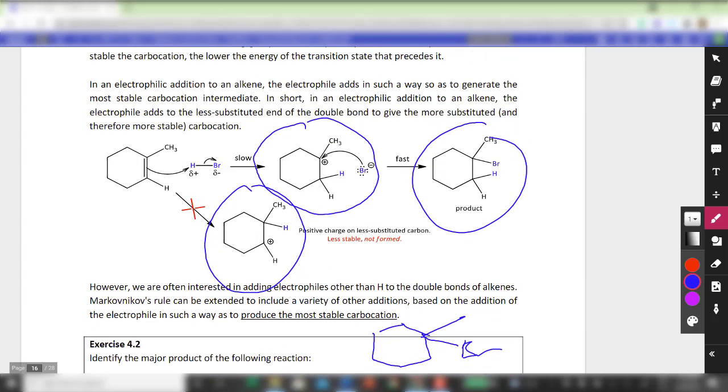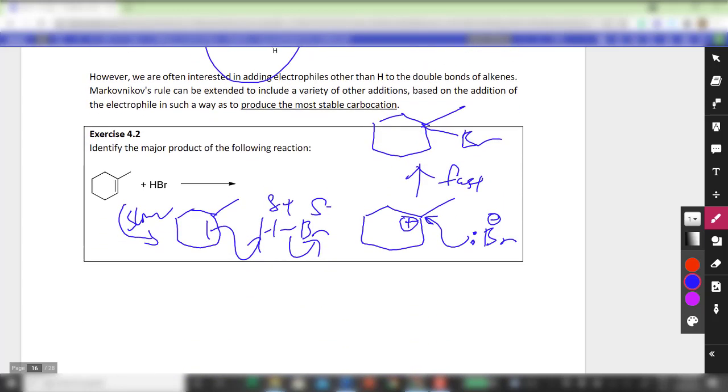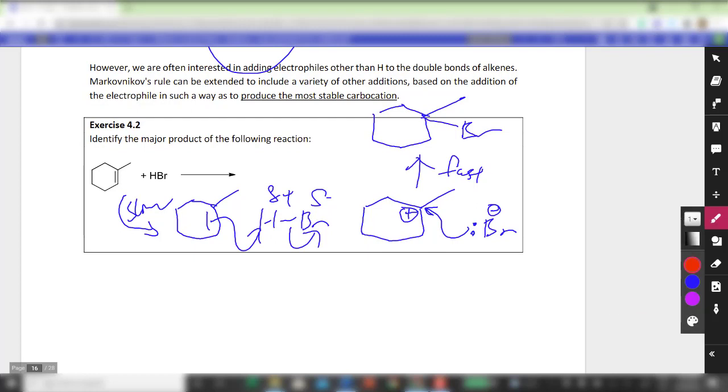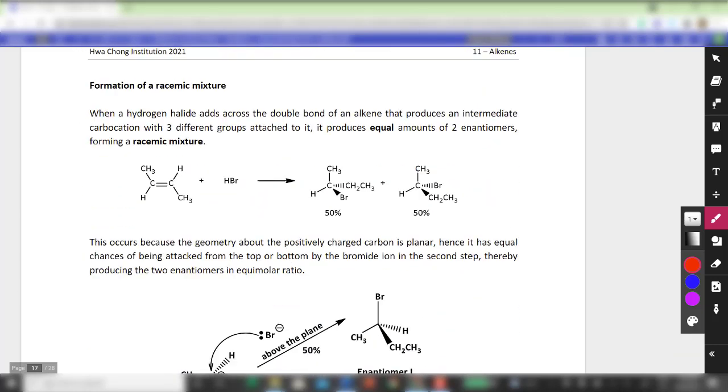I think it's pretty similar, in fact it's the same as the one above. If you're asked to draw the minor product, then you should be drawing this. So in general, if you're not asked to draw the minor products, you can simply illustrate the mechanism leading to the major products.